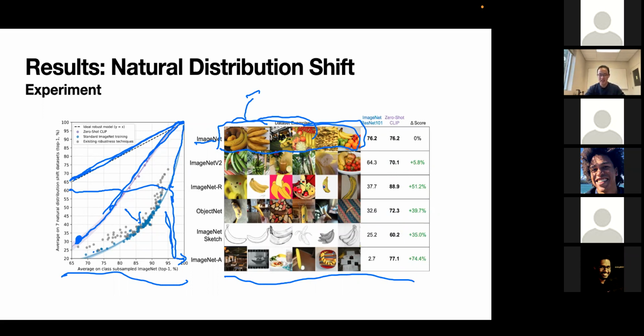But in ImageNet version 2, those bananas become green bananas, bananas on the tree, peeled bananas, and bananas with some other fruits. So this image distribution is different from the distribution of the banana class in the ImageNet.